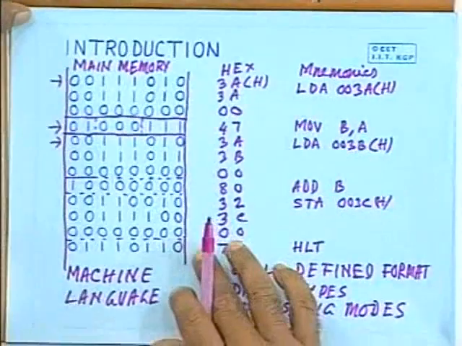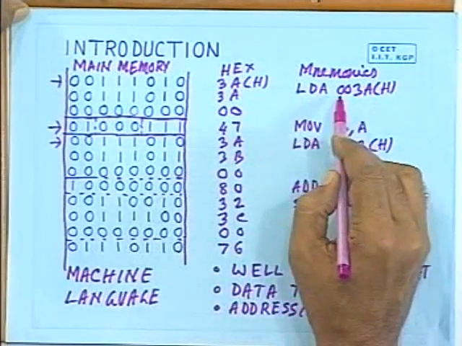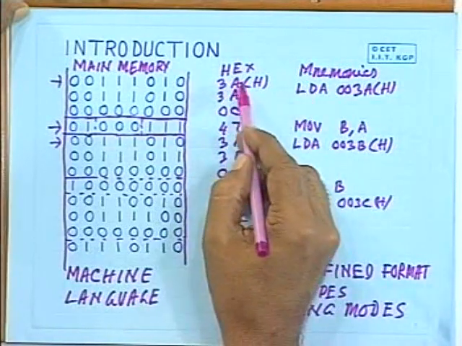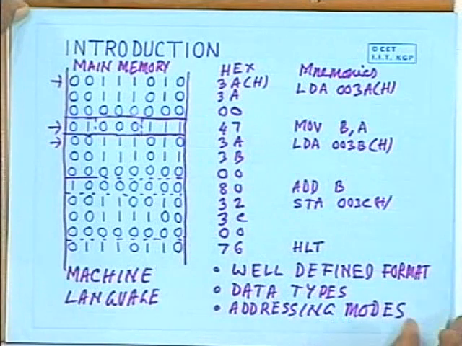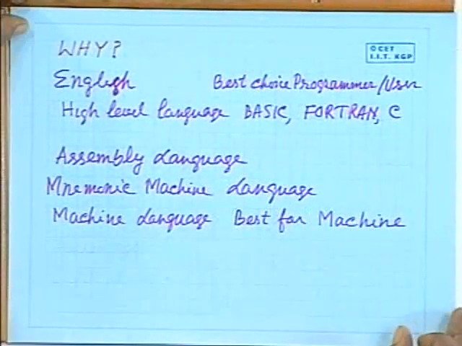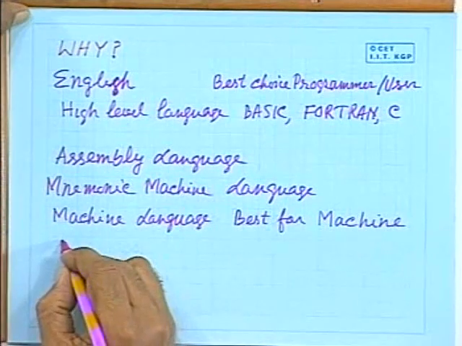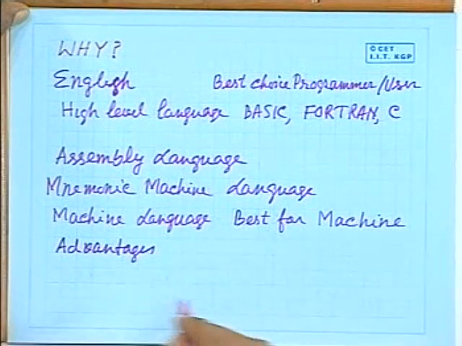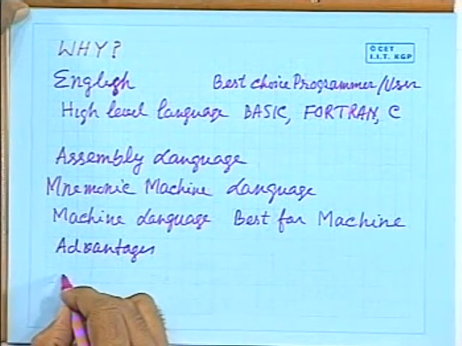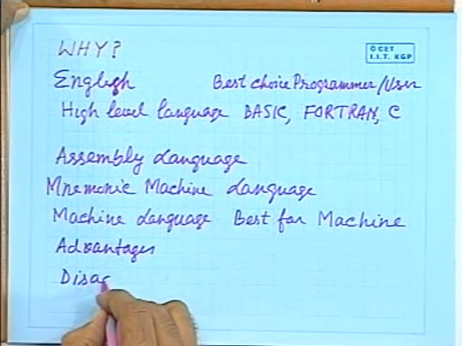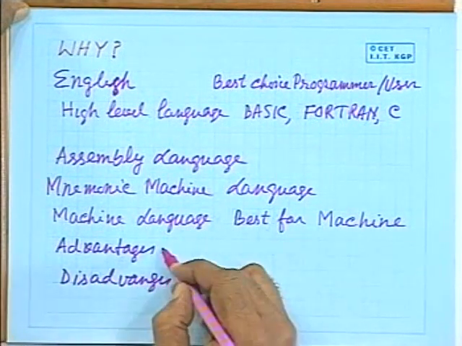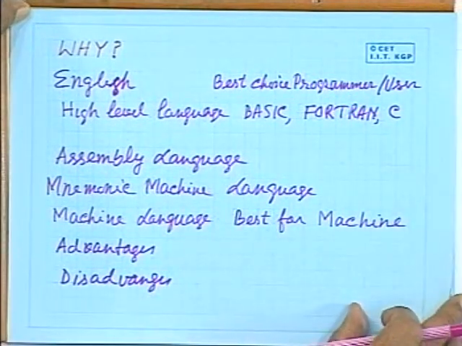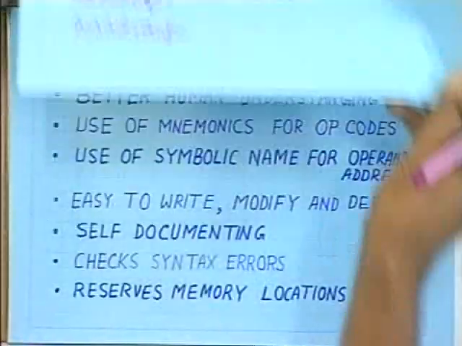Each mnemonic instruction corresponds to a machine language instruction. So more or less the same thing will be done, but something more. And obviously it has a number of advantages, and in this world nothing is one-sided, it will have some disadvantages. So we shall discuss these advantages and disadvantages, and then discuss in detail how the assembly language program is written.